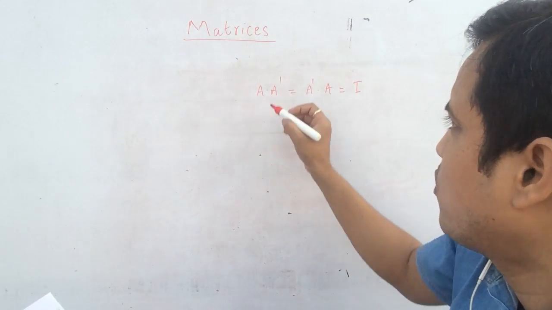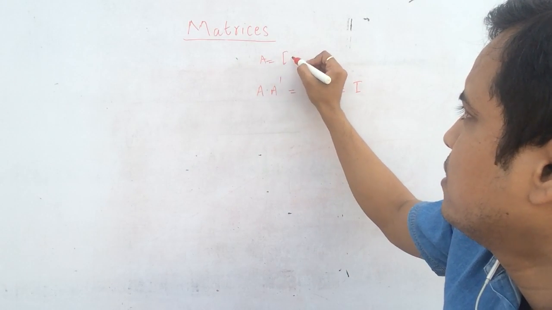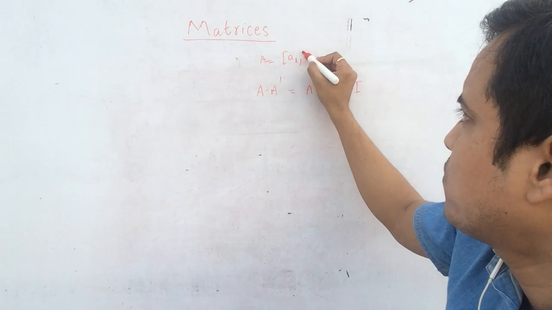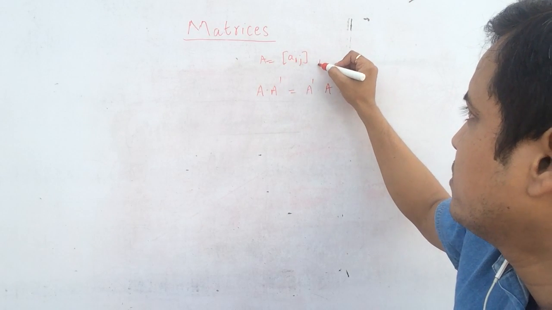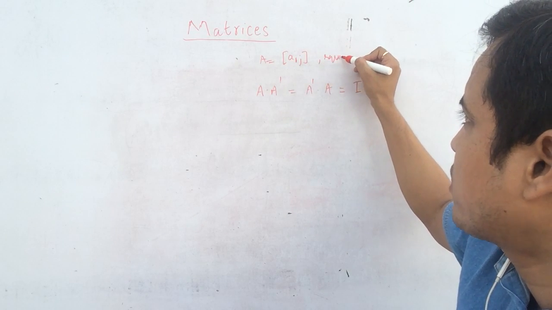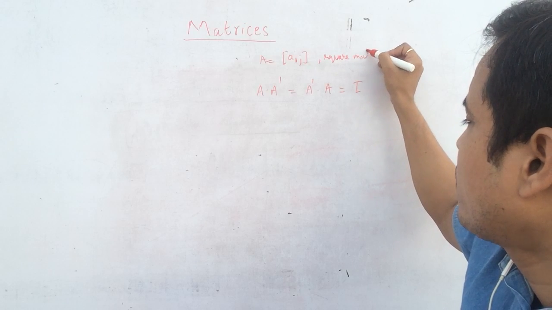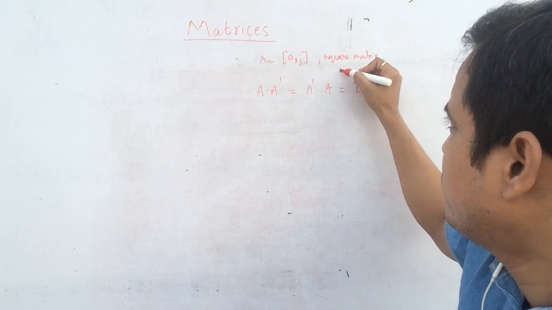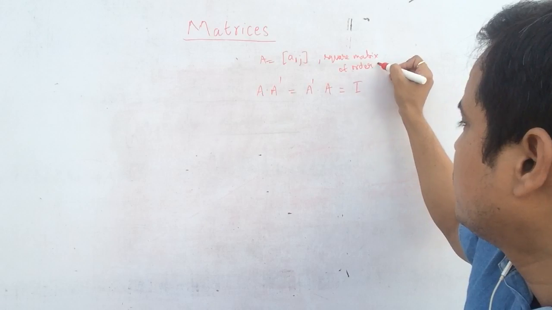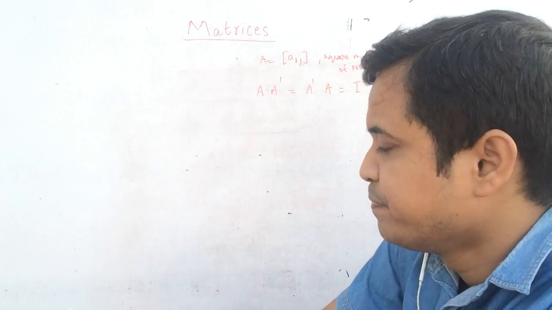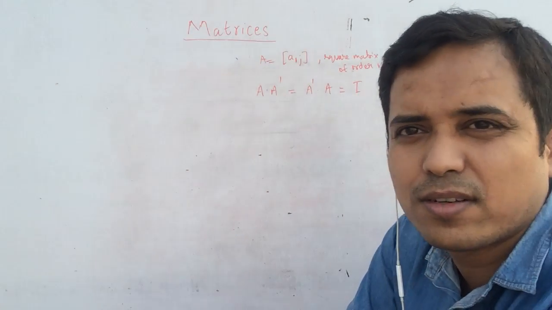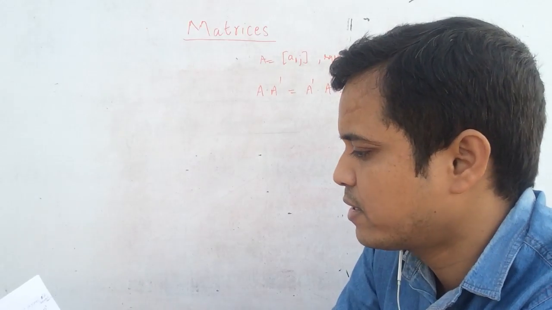A is an orthogonal matrix, and A is a square matrix of order n, like a 2 cross 2 matrix, a 3 cross 3 matrix, all right.